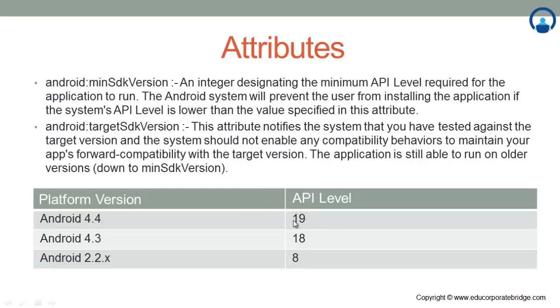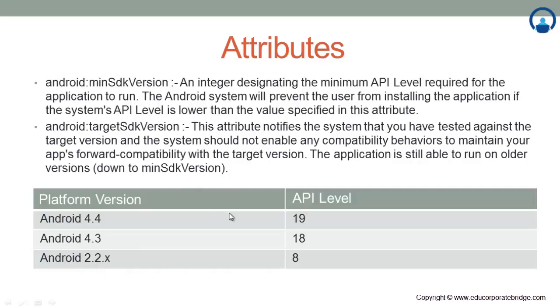We are specifying this because we are testing with API level 19, so that it should not bring in any forward compatibility with the target version. This is why target SDK version and min SDK version are defined. Min SDK version is the minimum Android version on which you want the app to get installed. We do this for backward compatibility.